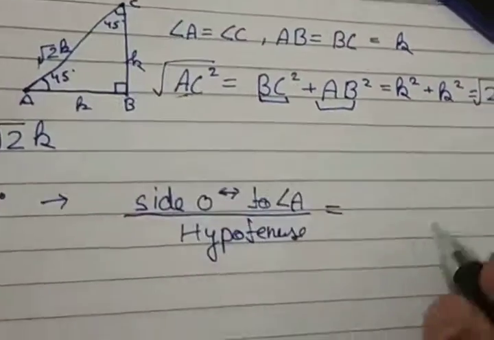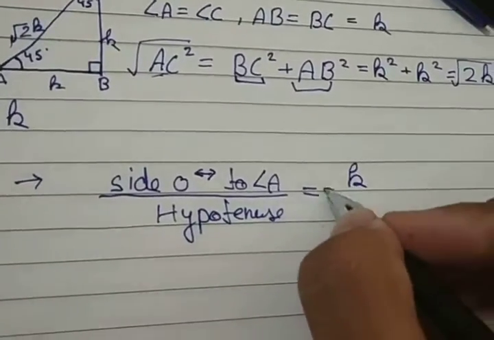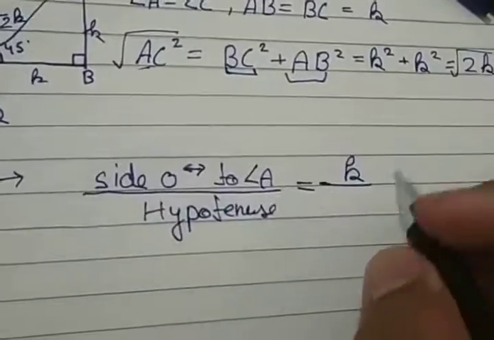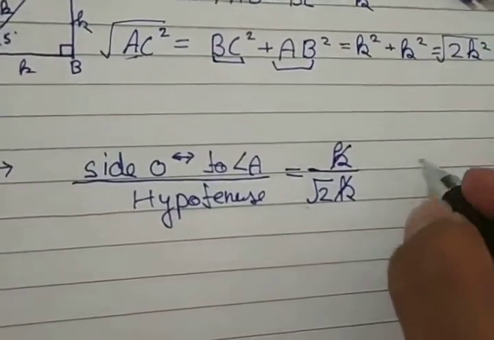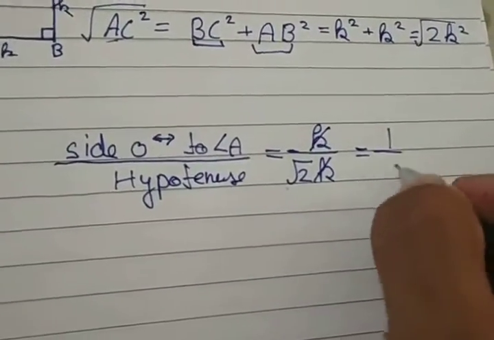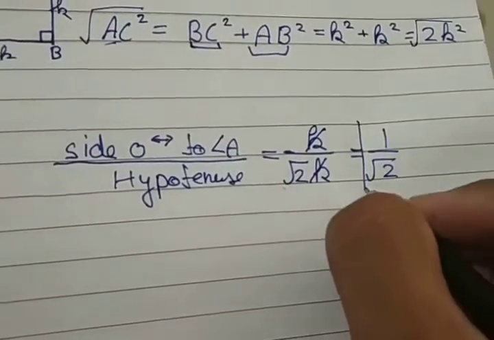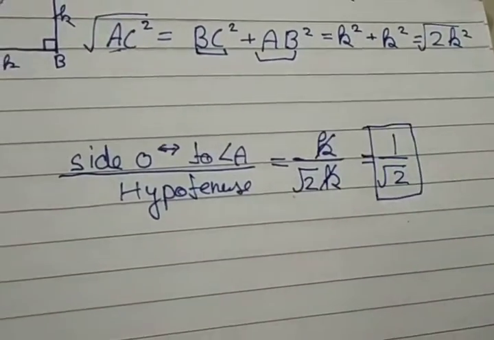Side opposite to angle A is K. So just write it here as K. And then hypotenuse. What is hypotenuse? Hypotenuse is root 2 K. K will cross out by K, and what would we be left with? 1 by root 2. This is the value of sine 45 degree.